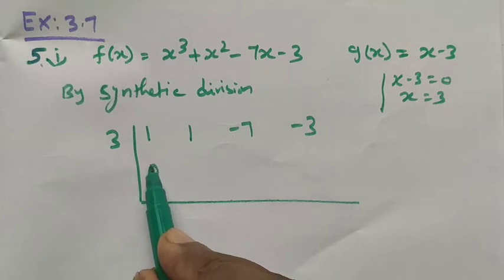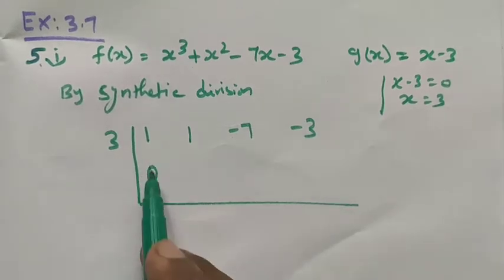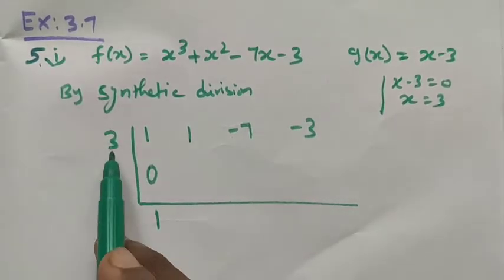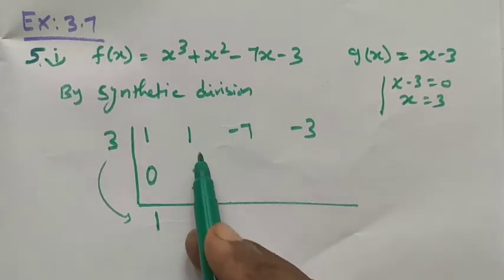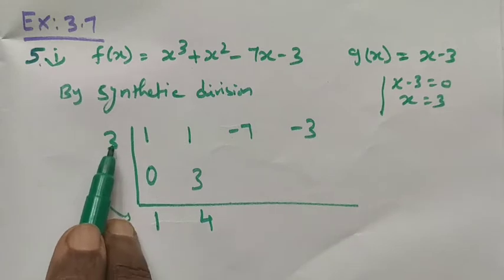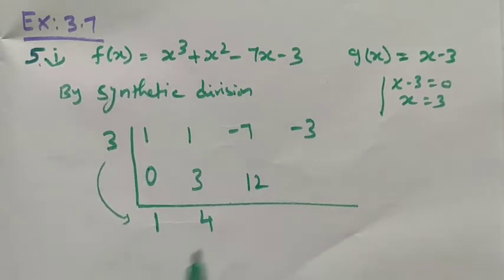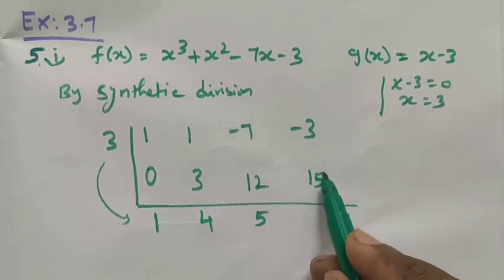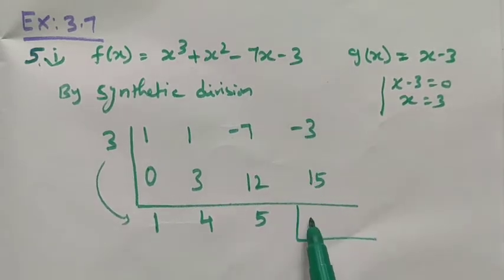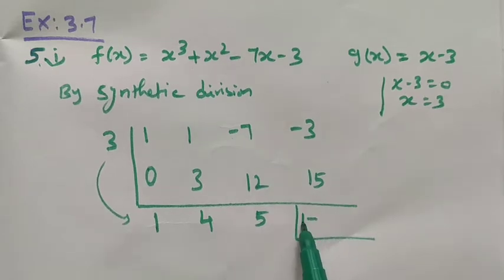And place the first term as 0. Add the term, 1 plus 0 is 1, multiply this term, 3 into 1 is 3, sum of this term is 4, 3 4s are 12. Add this, we get 5. 3 5s are 15. When you subtract, we get 12.